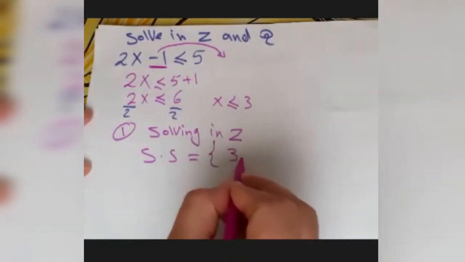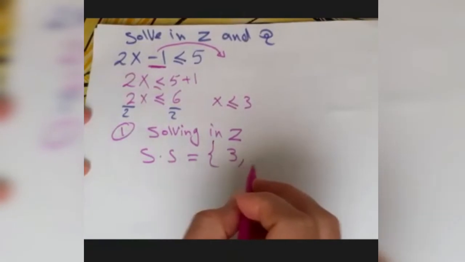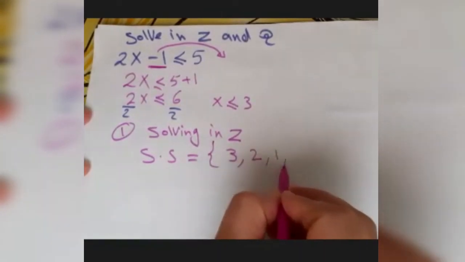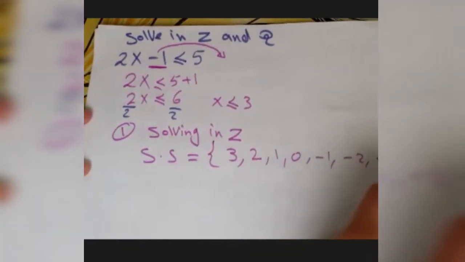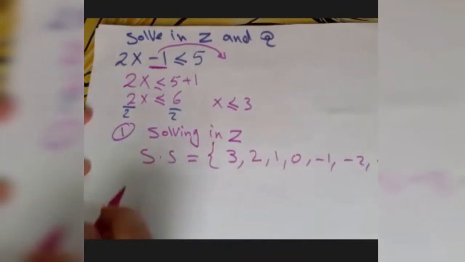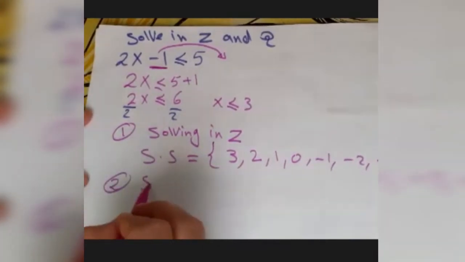Start by 3 and all numbers smaller than 3: 2, 1, 0, -1, -2, and so on, and close the set.